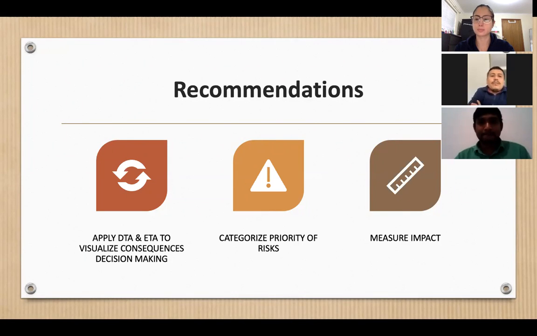And to finalize, it's important that you measure the impact on the company through the use of these tools to provide good support to make a proper decision.